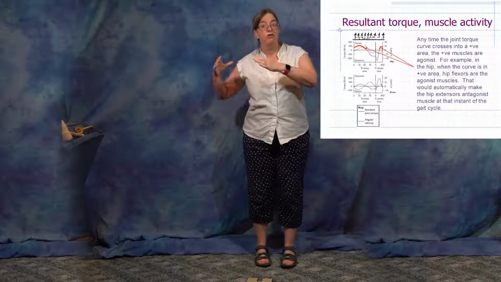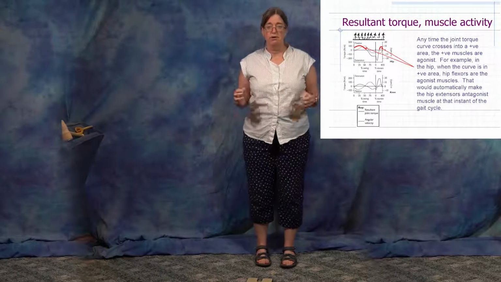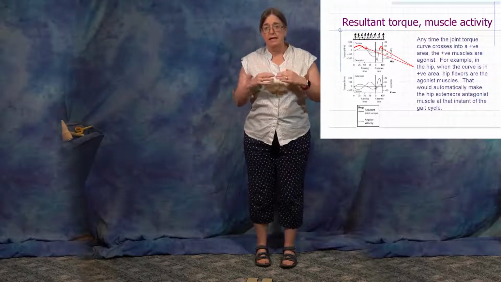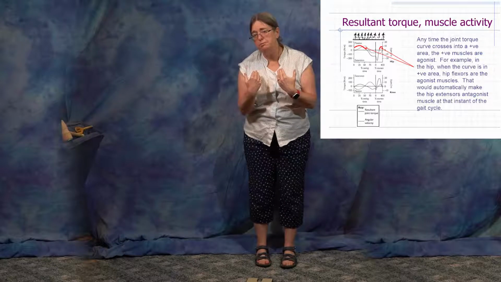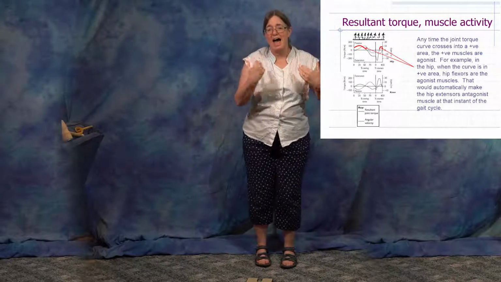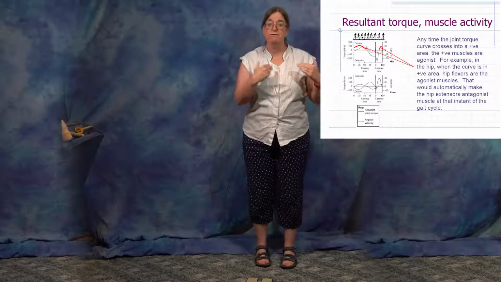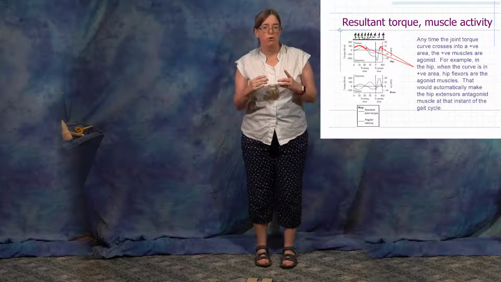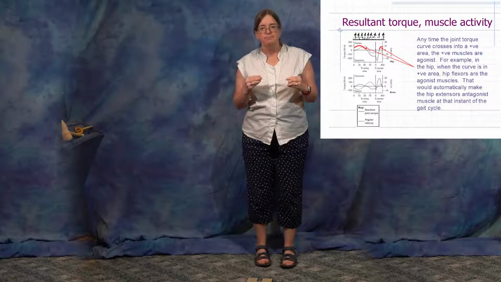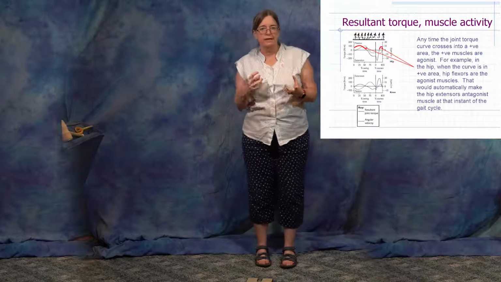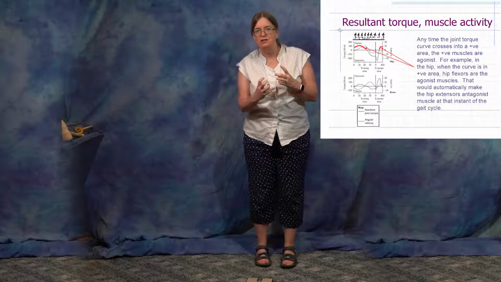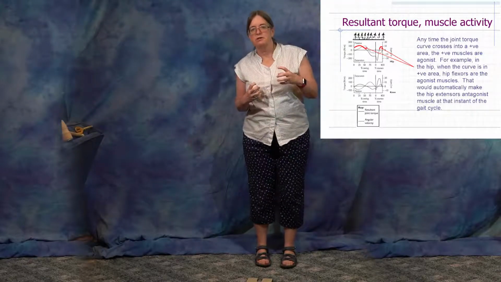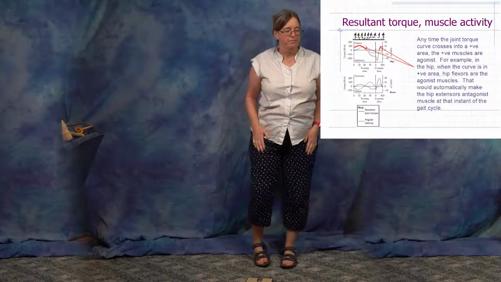You can have your antagonist muscle on. We've talked about this before. The antagonist muscle could be on. It doesn't have to be on. Could be off. You don't know. All you know is that whatever torque it creates is less than the torque of the muscle on the other side.